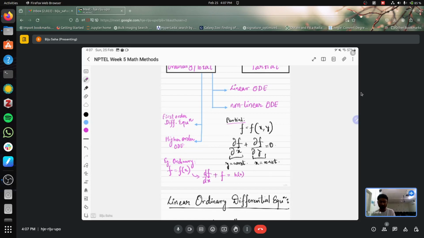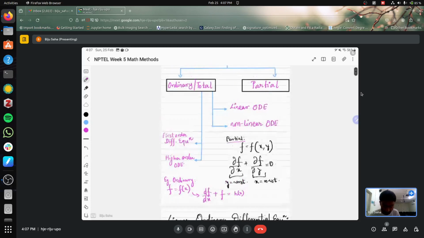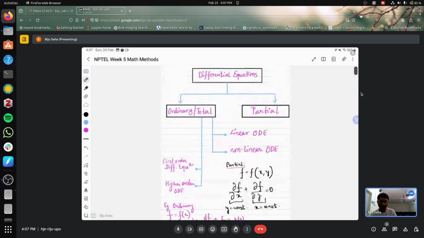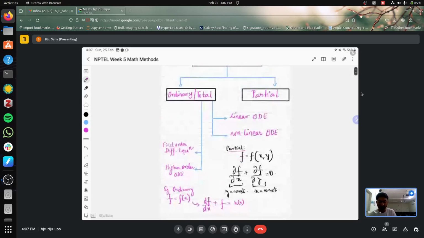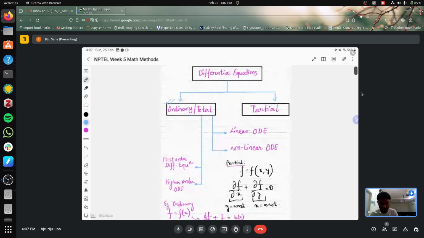So this is an example of an ordinary differential equation. Here we differentiate with respect to x, and it's not a partial derivative, so x is always considered a variable. That is the difference between the ordinary or total differential equation and the partial differential equation. In this lecture we will mainly consider the ordinary or the total differential equation. We see the ordinary and total differential equation can be sub-classified into various other categories.